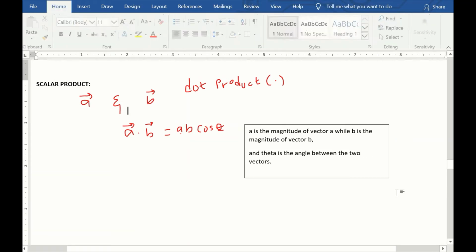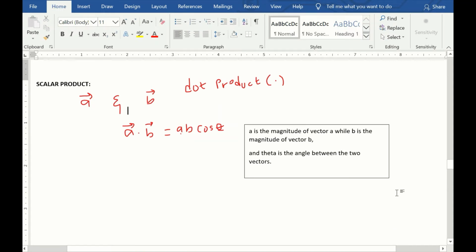With these we can solve for the scalar product between two vectors.